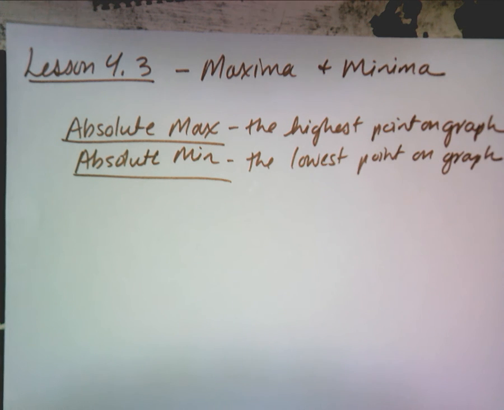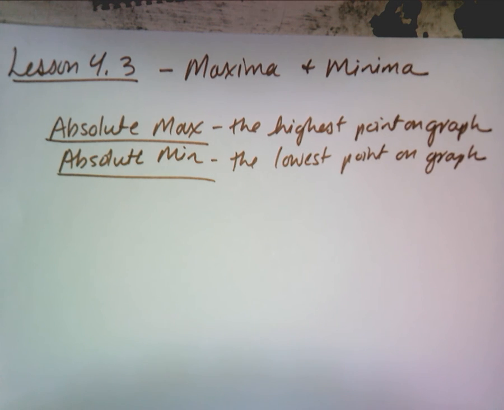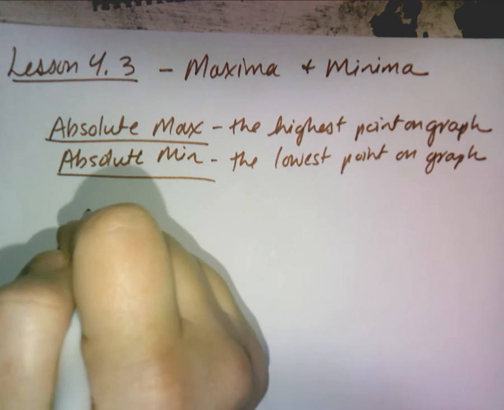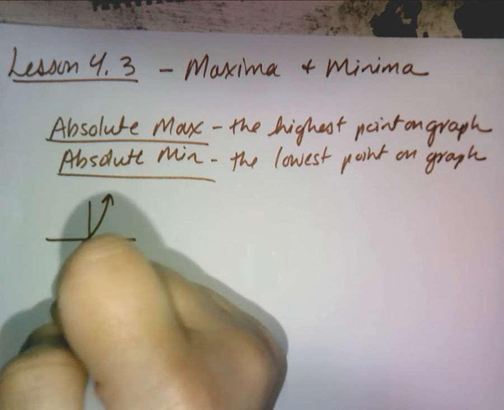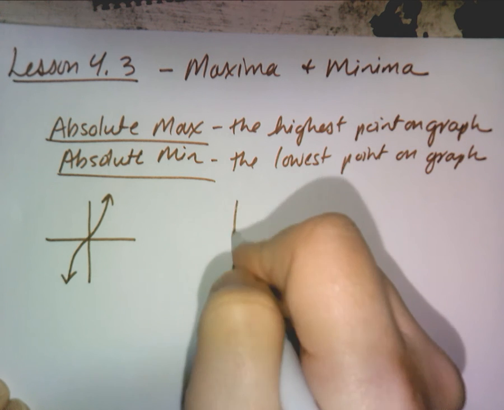I'm going to draw 5 pictures right here. I want you to copy them. We need to talk about them. Particularly one of them will be important for the next 2 theorems that I talk about. But I want you to have this idea of maxes and mins and what's happening, domains.